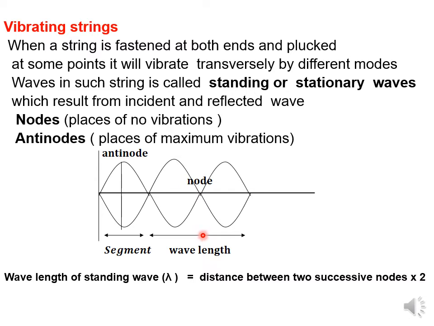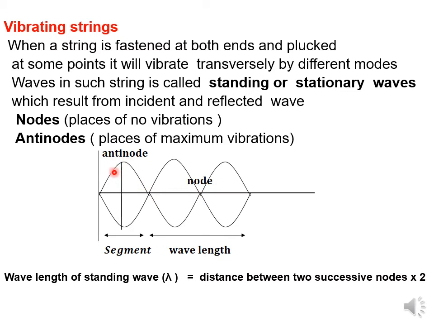So here we have a string fixed from both ends and blocked at certain points. It will vibrate transversely, producing a standing or stationary wave, which consists of antinodes, places of maximum displacement, and nodes, places of zero displacement.